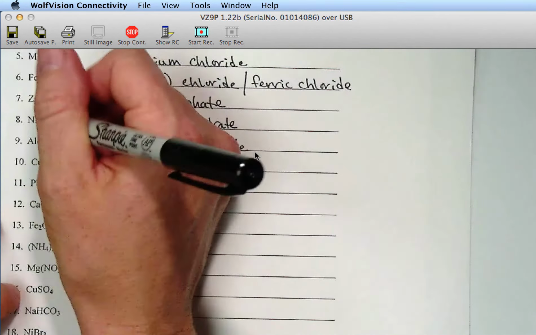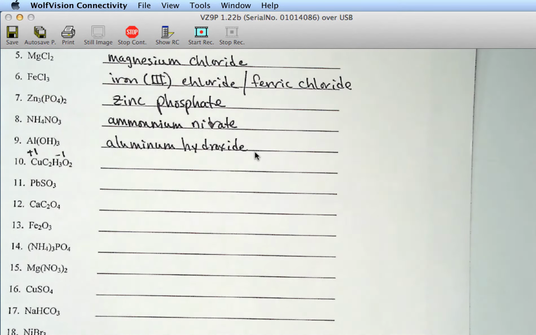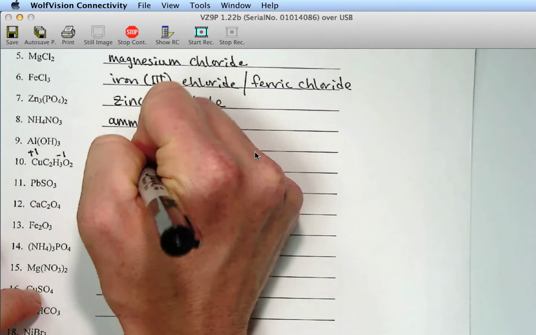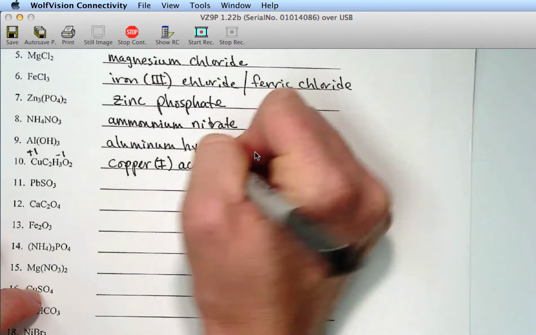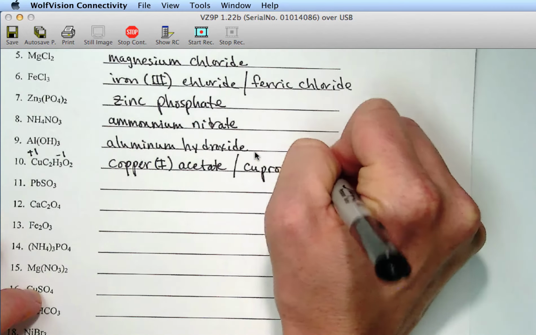It's got a charge of -1, +1. If you forgot that charge, the fact that it doesn't have a Roman numeral also tells you that it must be -1. So this is copper 1 acetate, or cuprous acetate.